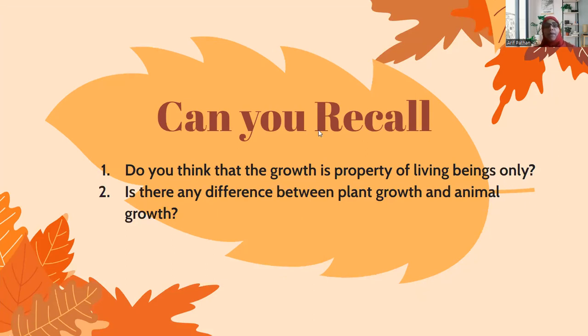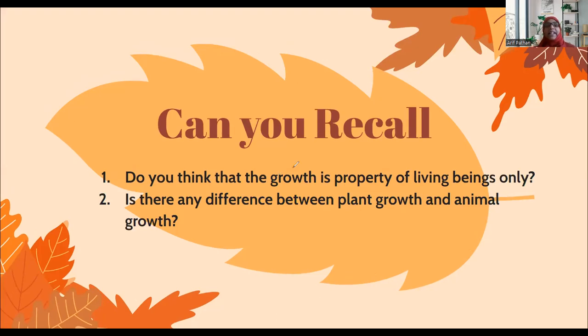Another question I want to ask is, is there any difference between plant growth and animal growth? Have you ever thought about it? You must be knowing the answer also. You can pause and think and then replay the video for the answer. Obviously there's a difference. One of the major differences is that animals grow to a certain age, after which their growth will not take place, whereas plants will grow continuously throughout their life.